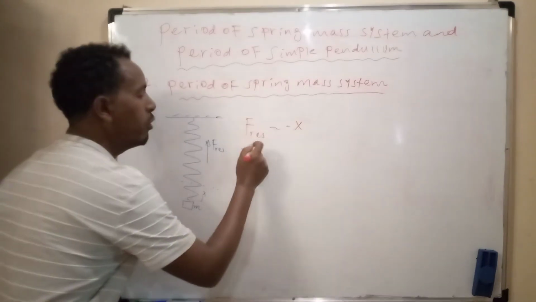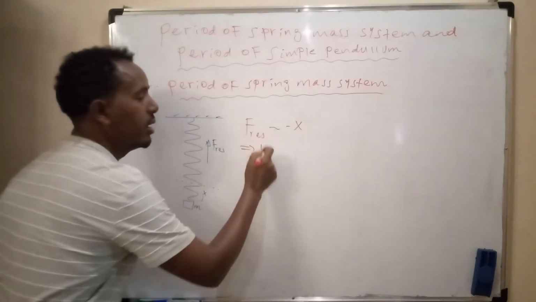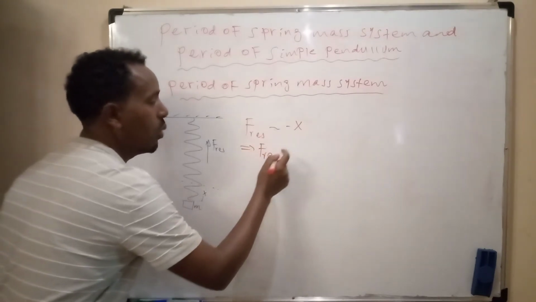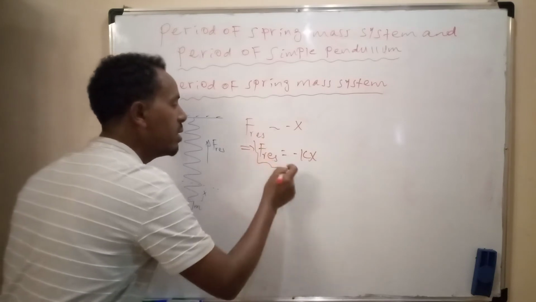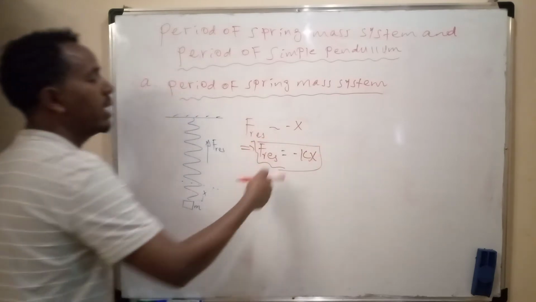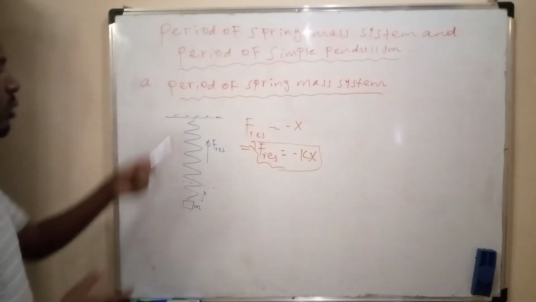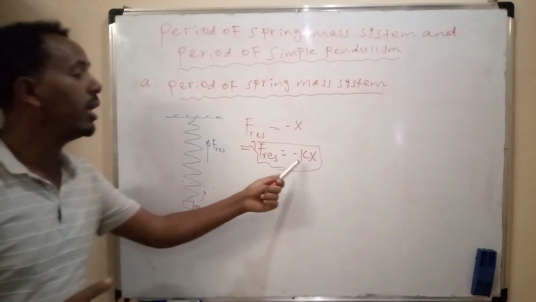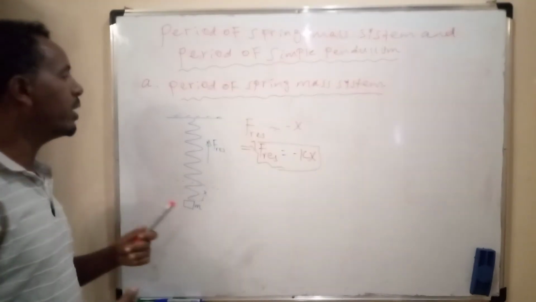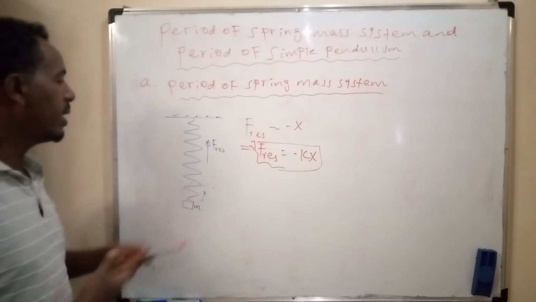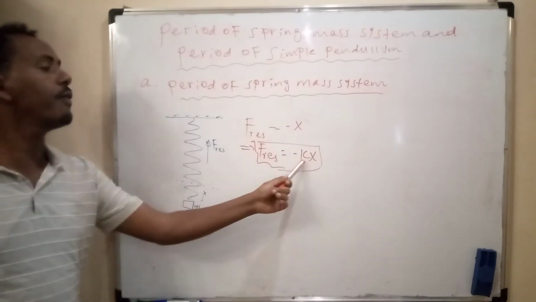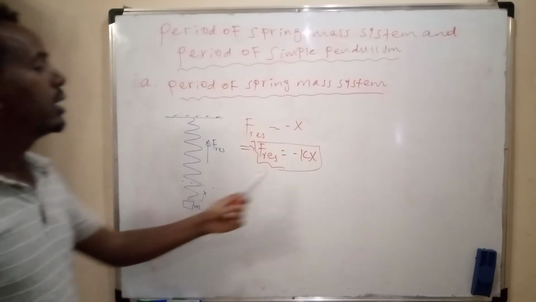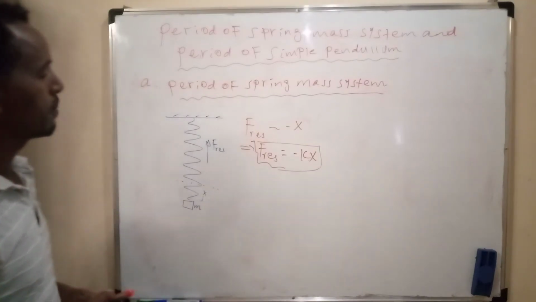From this relation, restoring force is equal to minus k times x. This is Hooke's law. k is the spring constant. The value of k is different from material to material. That means the material from which the spring is made can affect the value of k.